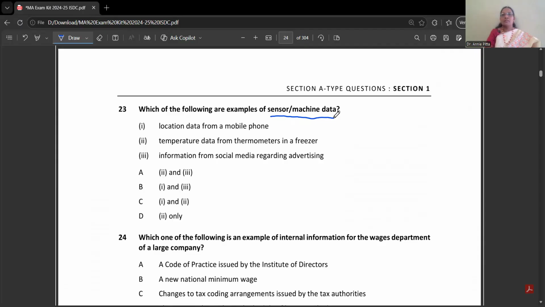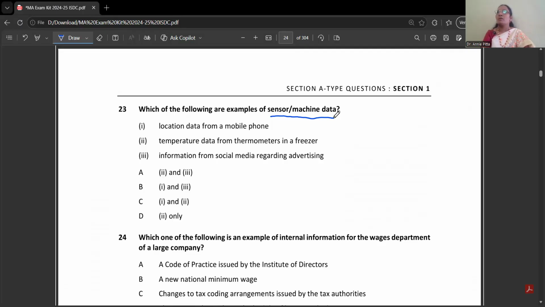When data is collected, data could be collected from first-hand information, that is approaching people. Data can also be collected when somebody has already collected it and it is used, so that becomes secondary data. We see that there is an example of sensor machine data. Sometimes some of the devices that are connected to the internet or connected to Wi-Fi have some data recorded in them.